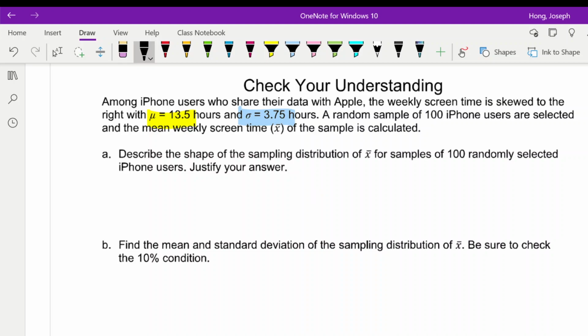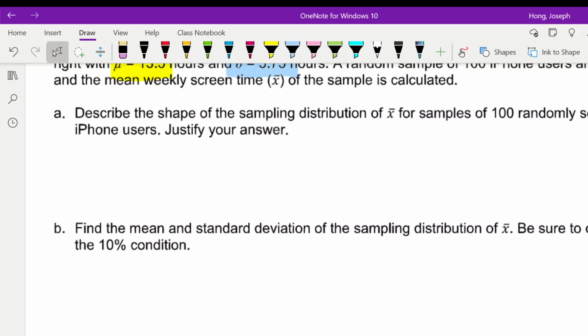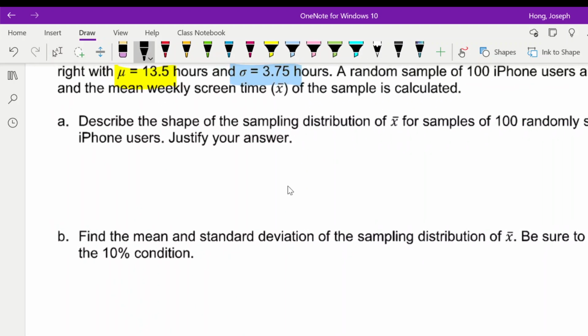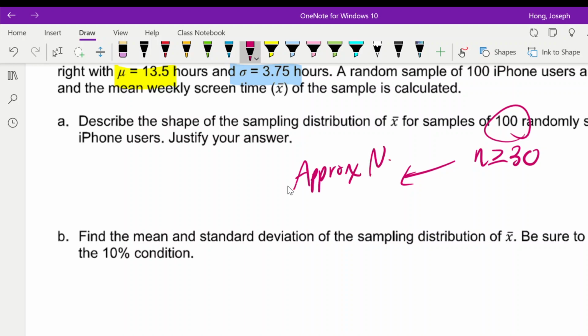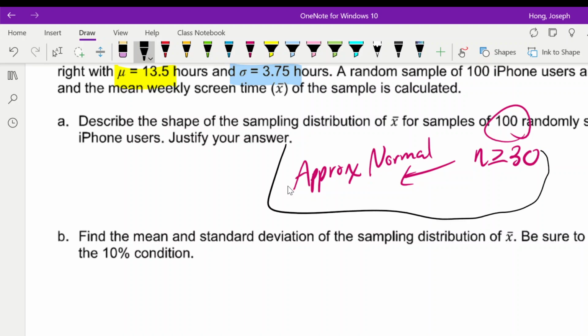So describe the shape of the sampling distribution of 100 people. Since n is greater than or equal to 30, we can assume that this is approximately normal.